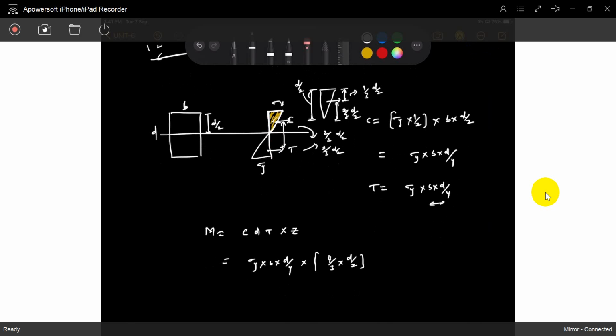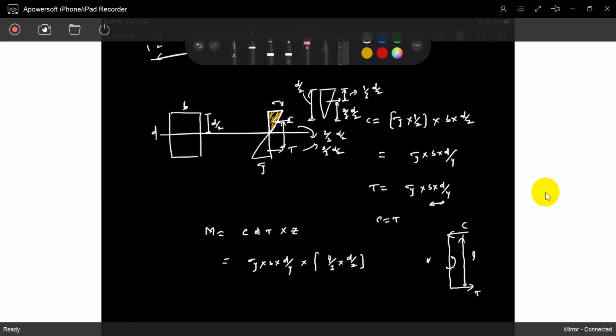So if you see, this is a compressive force, this is a tensile force, and this is the distance. They must maintain equilibrium, otherwise it will slide over. Throughout the section, at every location, equilibrium should be maintained. Otherwise it is moving, an unbalanced force is there. So what is moment? Force into distance.